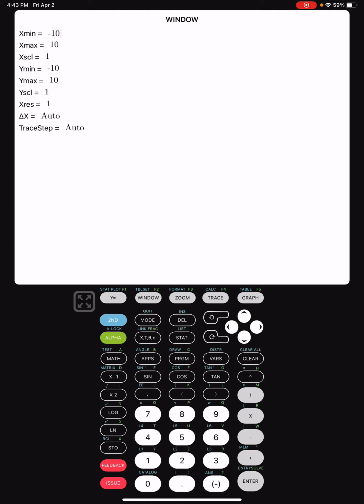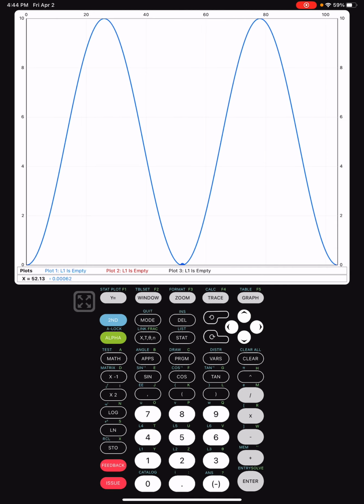For the window, remember my t was 0 to 104. And I don't want to count by ones because it's too many, so I'll just count by 10. X min was 0 all the way up to 104. So this is the graph that I'm having.